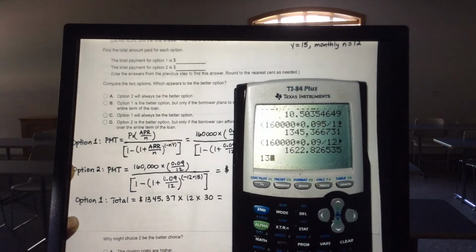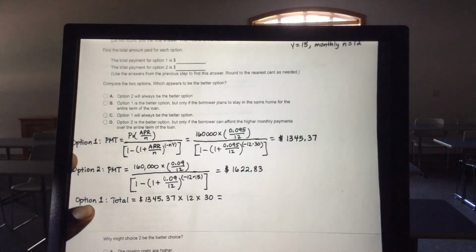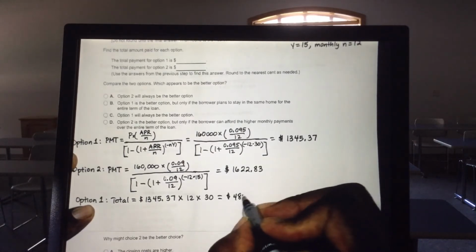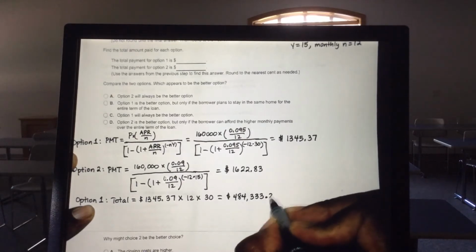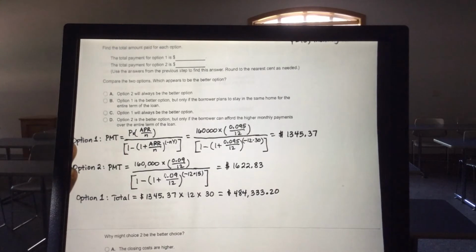So $1,345.37 times 12 times 30. This will be $484,333.22. That will be the total payment for option 1.